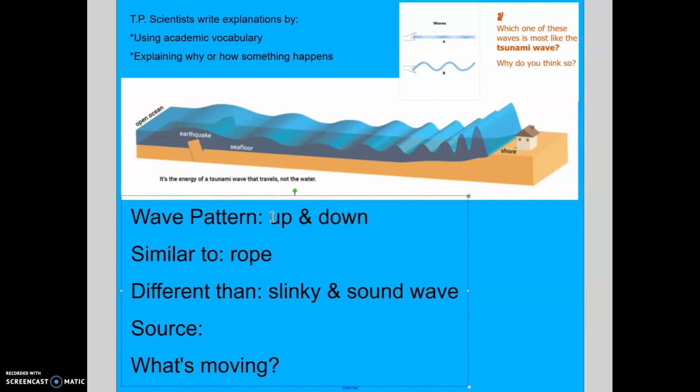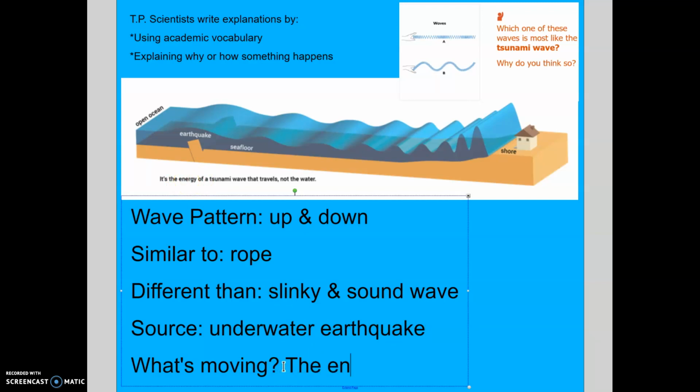We also learned in this book that the source of the tsunami is actually an underwater earthquake. That's what causes all of the energy, and then that energy is transferred into the water. Source, underwater earthquake. And we also learned that the water hardly moves in a tsunami. It's actually the energy of a tsunami wave that travels, not the water.